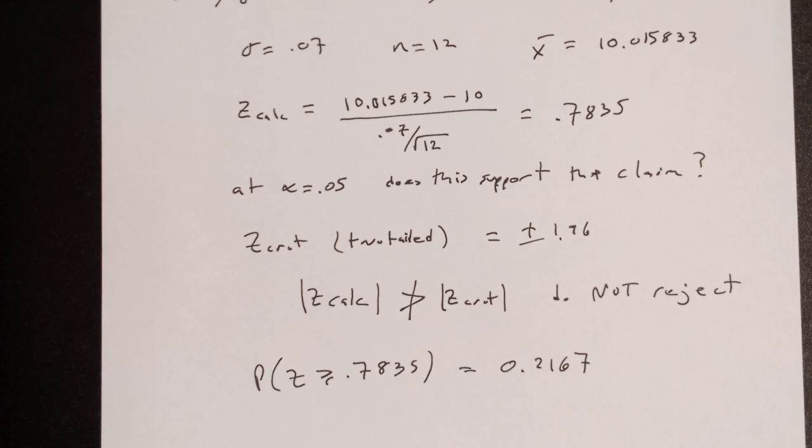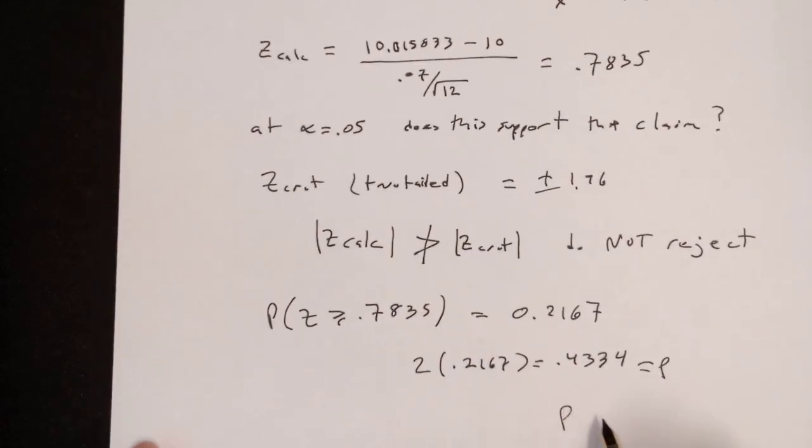I have to multiply that by 2. 2 times 0.2167 is 0.4334. Is that bigger than our significance? A lot, right? This is our p-value. And p is much bigger than alpha, not smaller than. Again, that means we don't reject. P is not smaller than alpha. Do not reject.